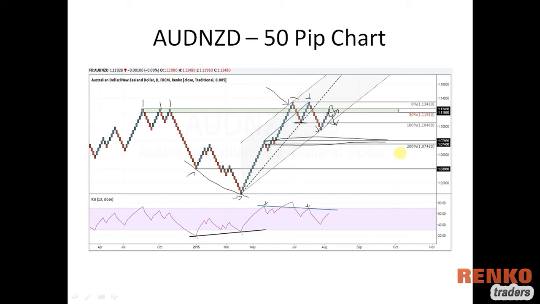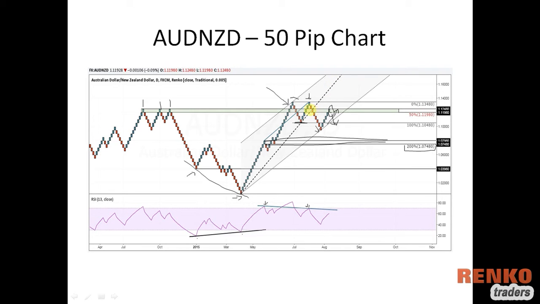Now incidentally, if the double top does indeed work out, this is the target that we're looking at, 1.0748, which again sits in perfectly with the bearish divergence to the RSI. And finally, we notice this short-term trend line, which is marked by the dashed trend line.